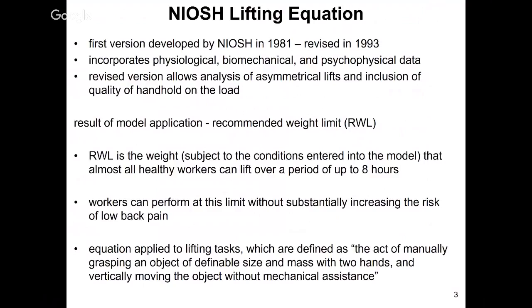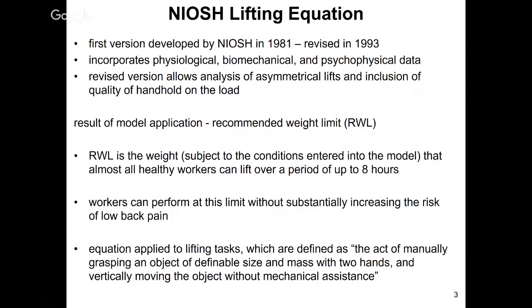So we will go back to that in just a minute, but you can see some of the history of it. The output is the recommended weight limit. So that's what we're interested in, but we need to compare that to the weight that we are using in reality.